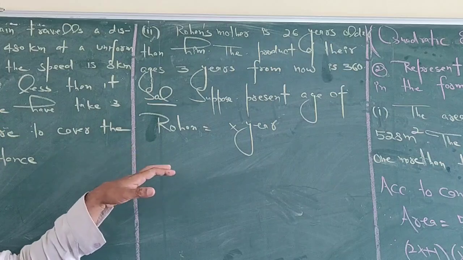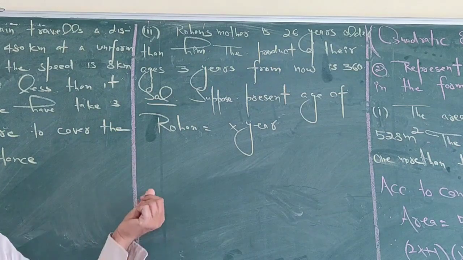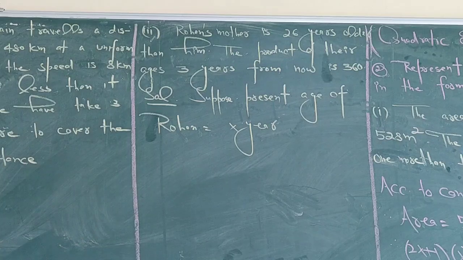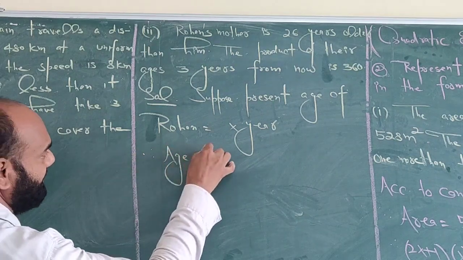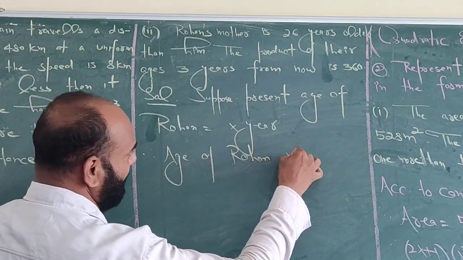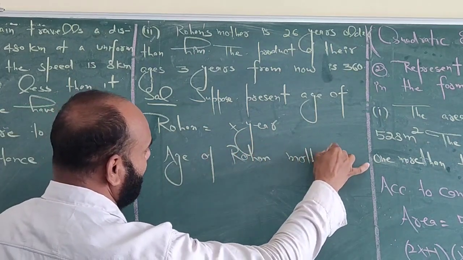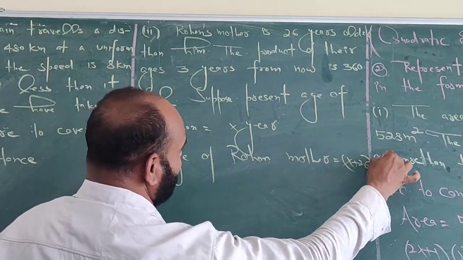So when we assume the age of Rohan is x years, then the age of his mother must be x plus 26 years.